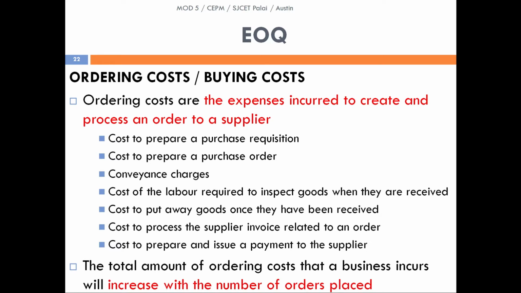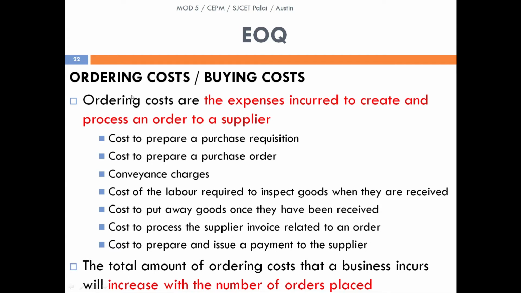Always the ordering cost increases with an increase in the number of orders. So if we are able to reduce the number of orders and increase the number of commodities in each order, then we will be able to reduce the ordering cost. Otherwise, if we are providing many orders with each order having fewer commodities or materials, the ordering cost may be much higher.